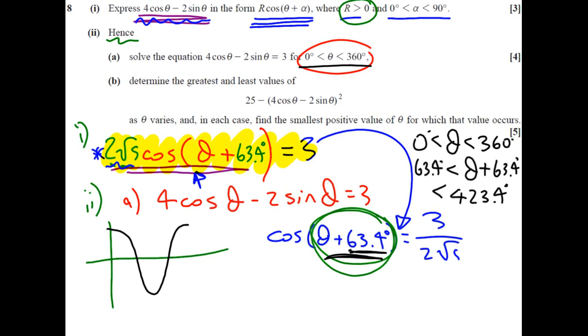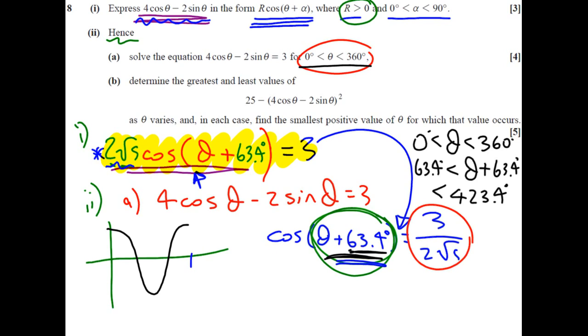Okay, so back to our graph. We're just talking about cos of all that. So we want one answer to this. And we can get one answer by doing cos to minus 1 of the right-hand side. On my calculator, we're still in degrees. Cos to minus 1 of 3 over 2 root 5.